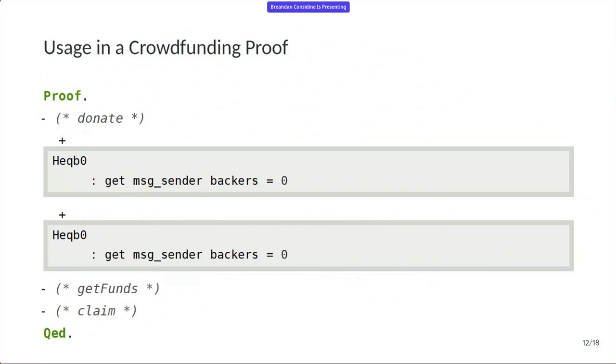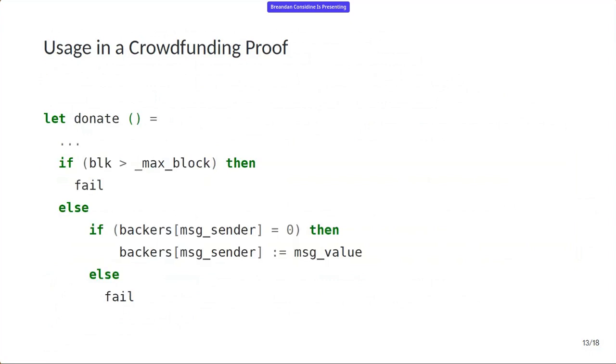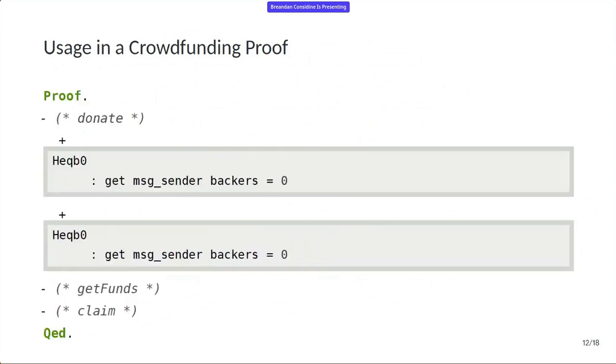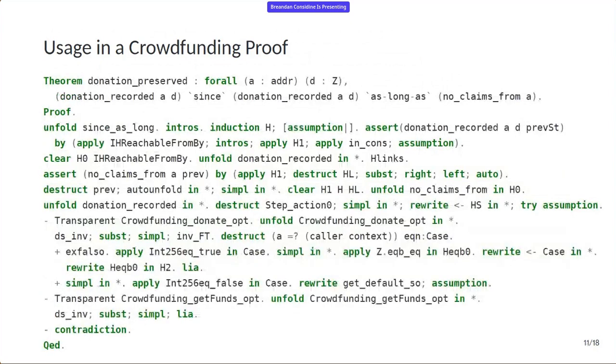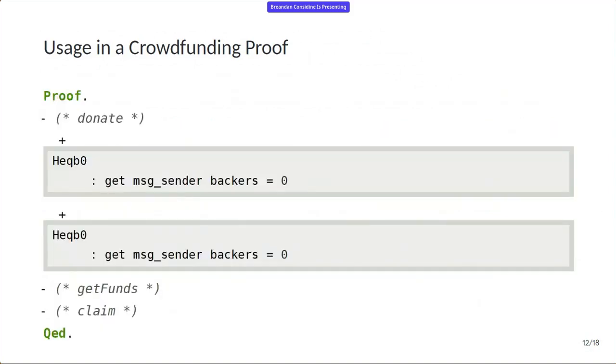That might ring a bell because that's what we have here. So this gives an indication that the proof is focusing in on the successful call. And you can see that there are no other branches visible for the donate function. It's only focused on the successful call.